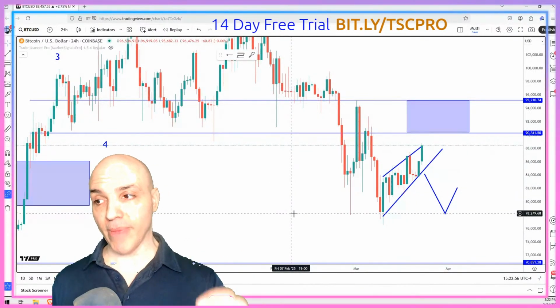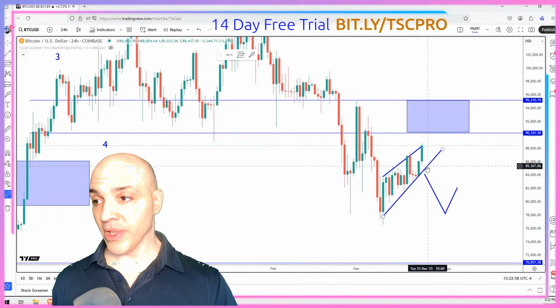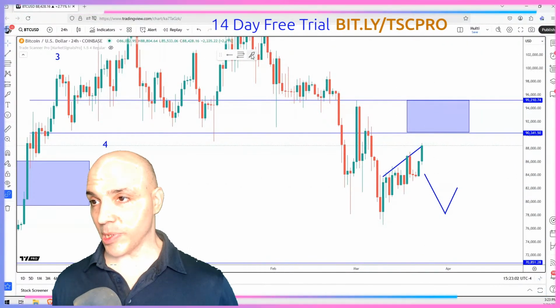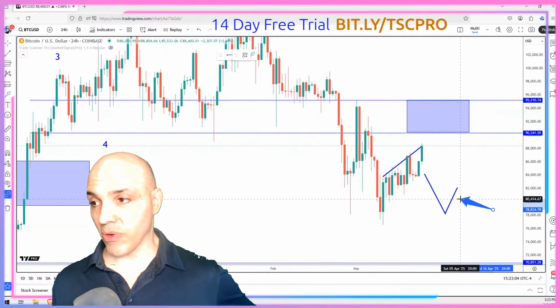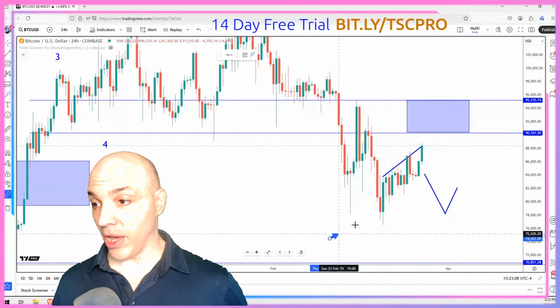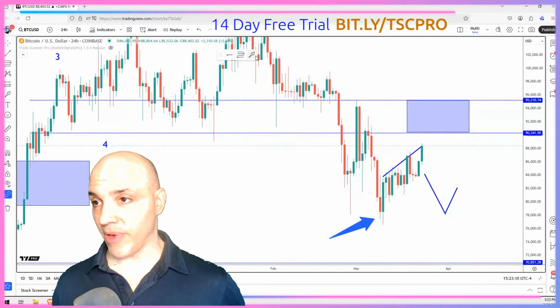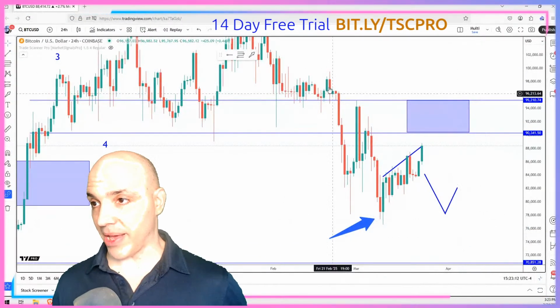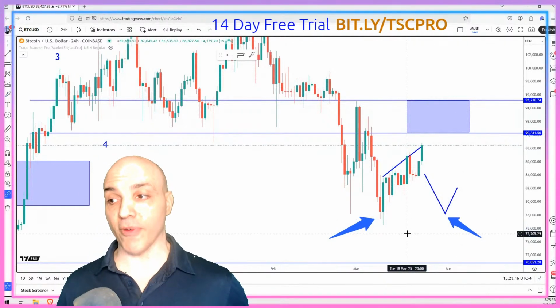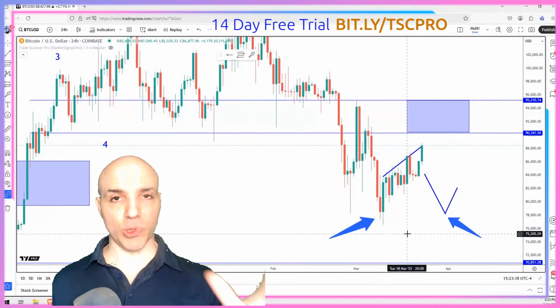Maybe it gets there, maybe it doesn't. But if we break this trend line, then I would anticipate that this scenario would be in play at that point. And I would be looking for another double bottom right here in this area, because you have this bottom. If we can get confirmation, that would be good for swing trades.